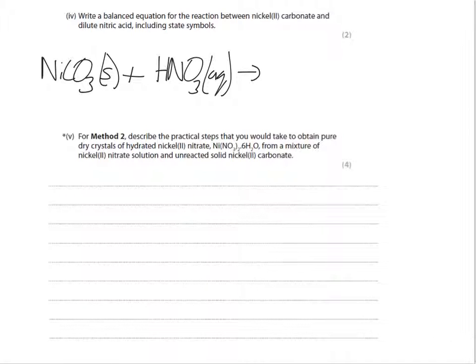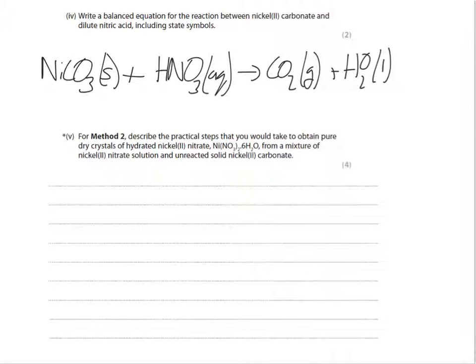And as we've got a carbonate, we're going to form carbon dioxide. We're also, as I said earlier, going to form some water, and water would have the state symbol liquid, not aqueous. Some of my students put water down as aqueous. Water isn't dissolved in water, it's liquid itself. So we give it an l.